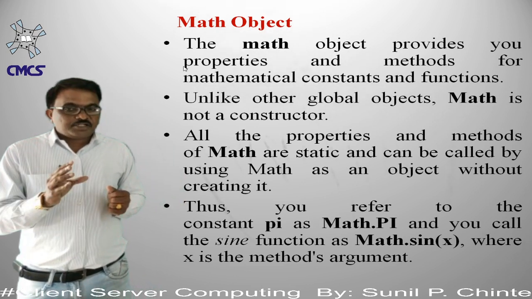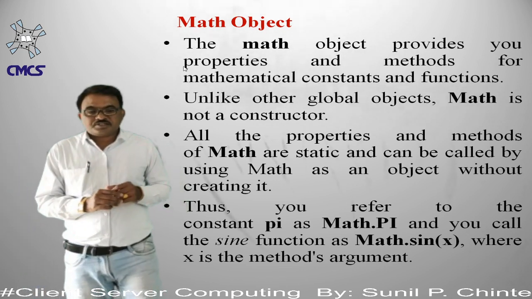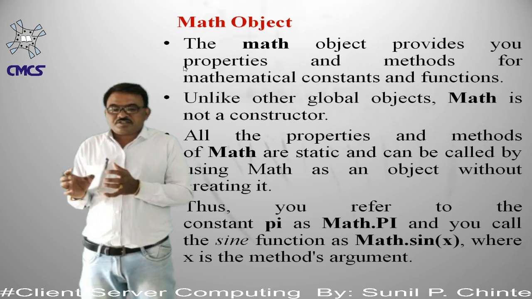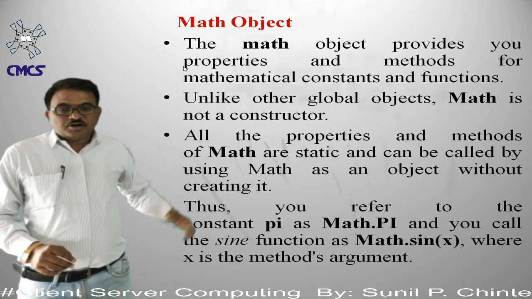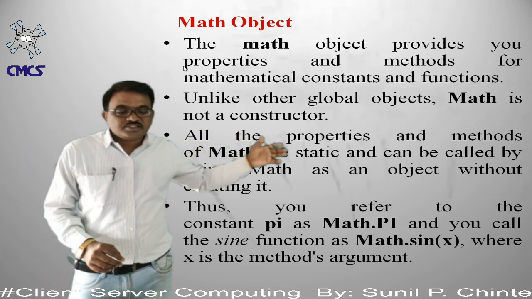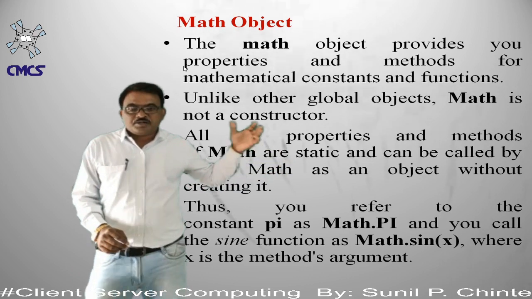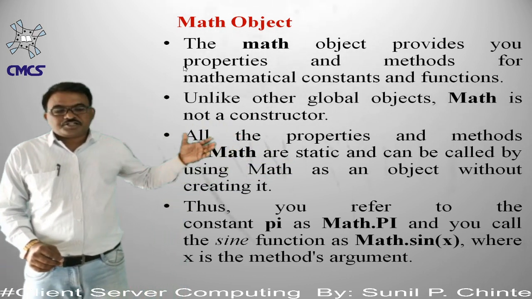Math object doesn't have a constructor. Unlike other objects, which have constructors, math doesn't have a constructor. All the properties and methods of math are static and can be called by using Math as an object without creating it.